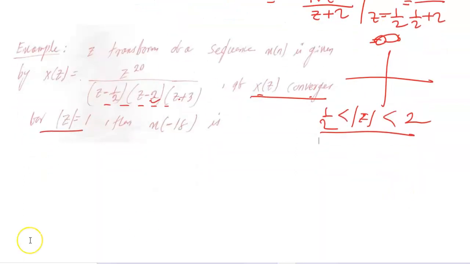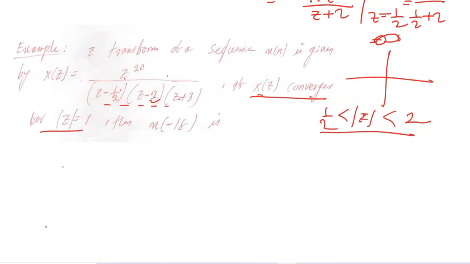Now for this case you would need to partial fractionize it, then find x of n, and then put the value n equal to minus 18, and you will get the result. See how directly we will be getting it.